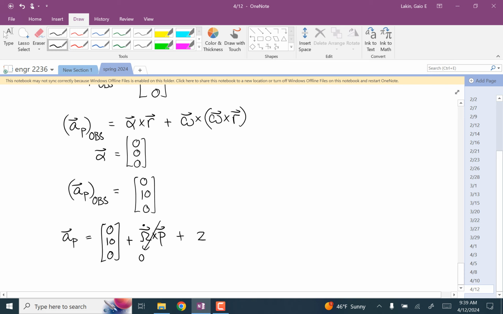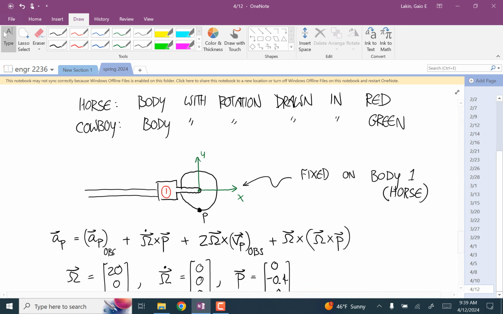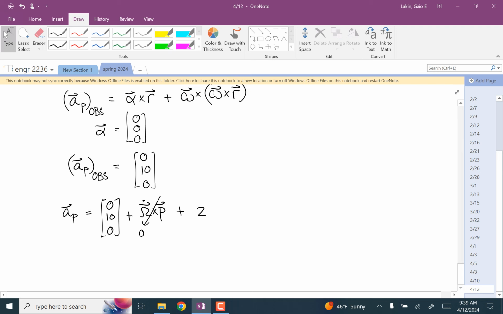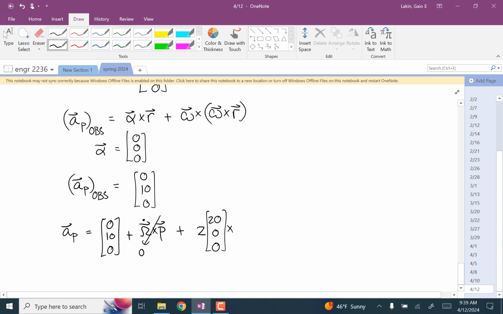Plus 2 times capital omega crossed with the observed velocity. Who can do that in their head? Yeah, very good. Anytime vectors are parallel, their cross product is 0.